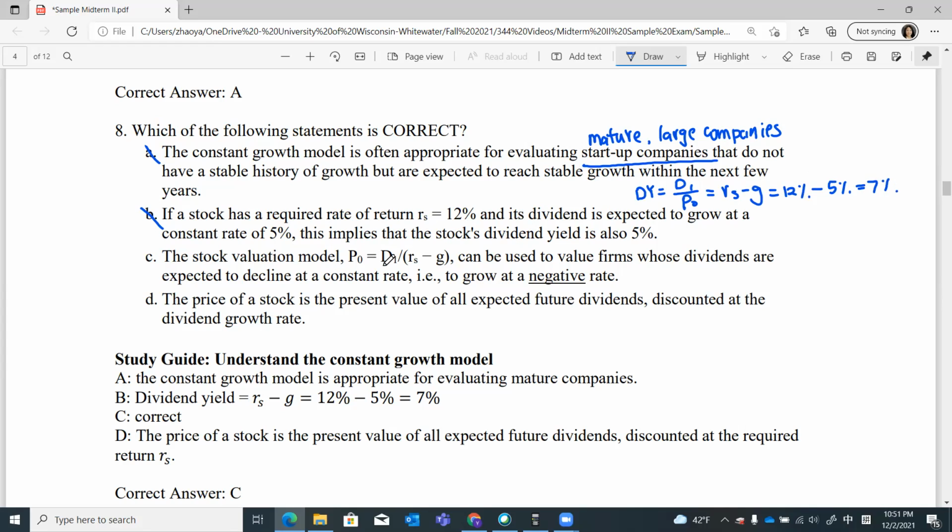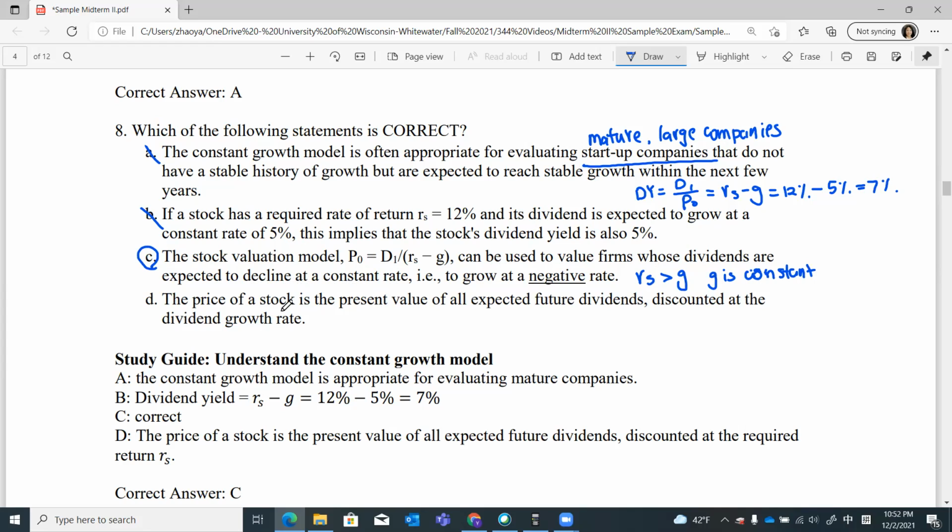Stock valuation model, this is a constant growth model, can be used to value firms whose dividends are expected to decline at a constant rate. This is true. As long as RS is greater than G, G is constant, we can use this model.